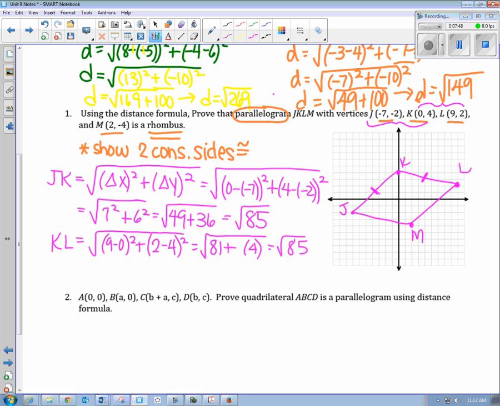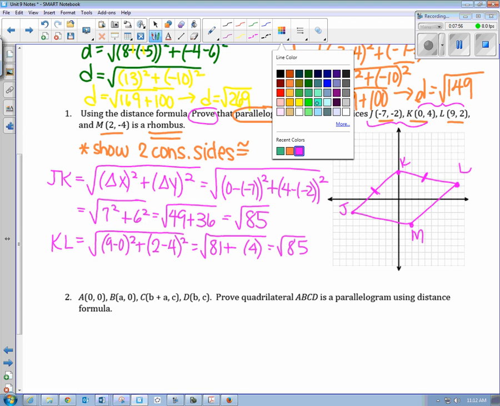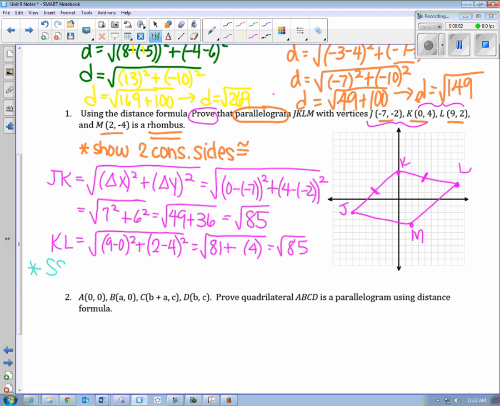This is telling me in this particular problem that I'm supposed to show that this really is a rhombus, which means my final step for this proof is to write a little summary statement. So in my summary statement, I am going to write, since the distances of JK and KL are equal, JK is congruent to KL.